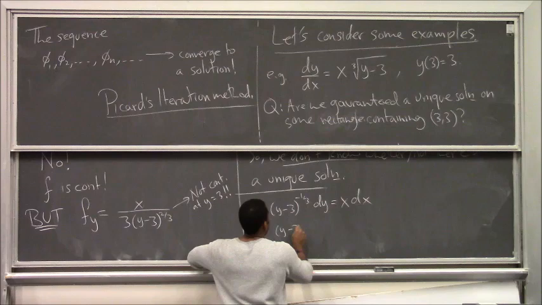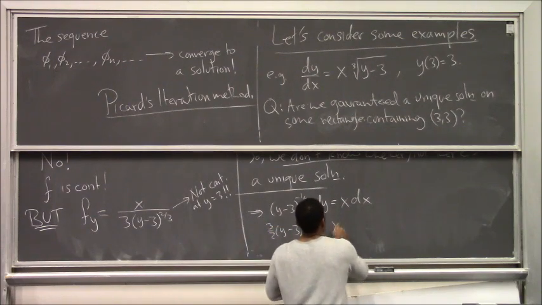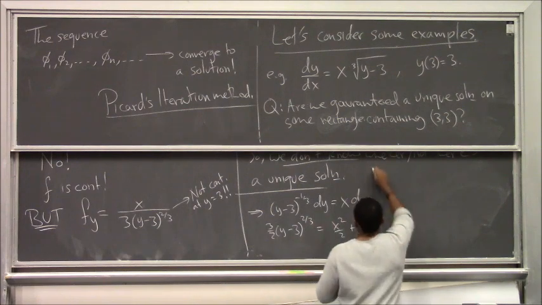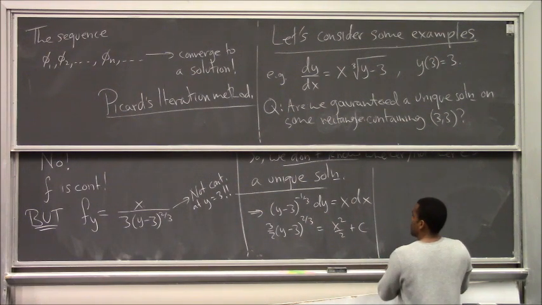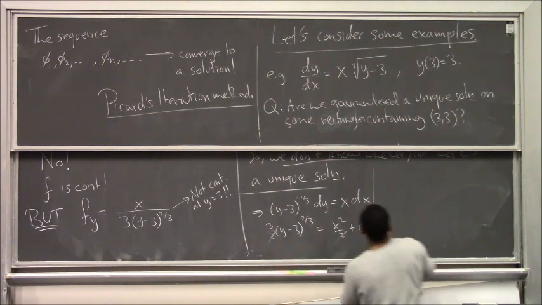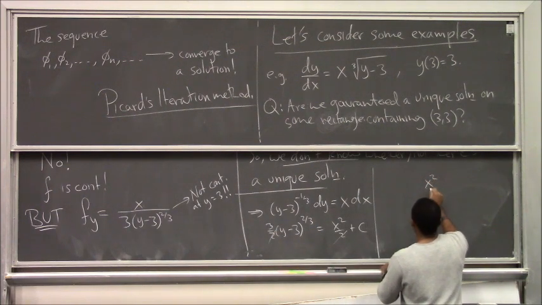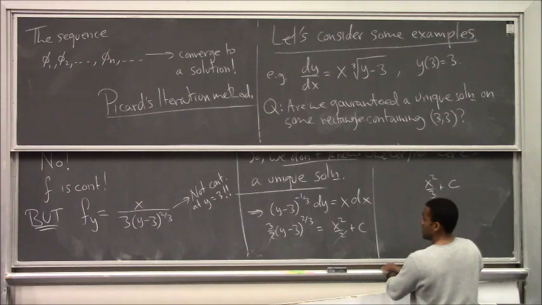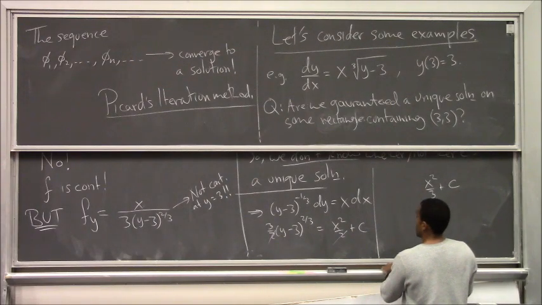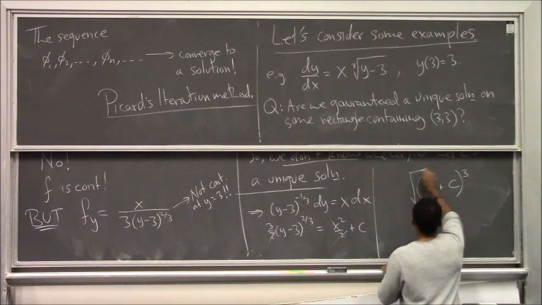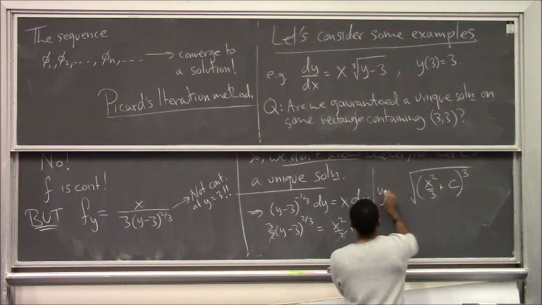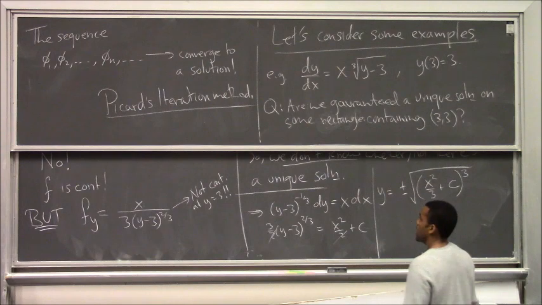This is going to be (y minus 3) to the 2/3 times 3/2, equal to x squared over 2 plus a constant. I would be able to solve for y. So multiply both sides by 2, divide by 3. So I get x squared over 3 plus a constant. I would take the cube of that, then take the square root, which will give me a plus or minus.